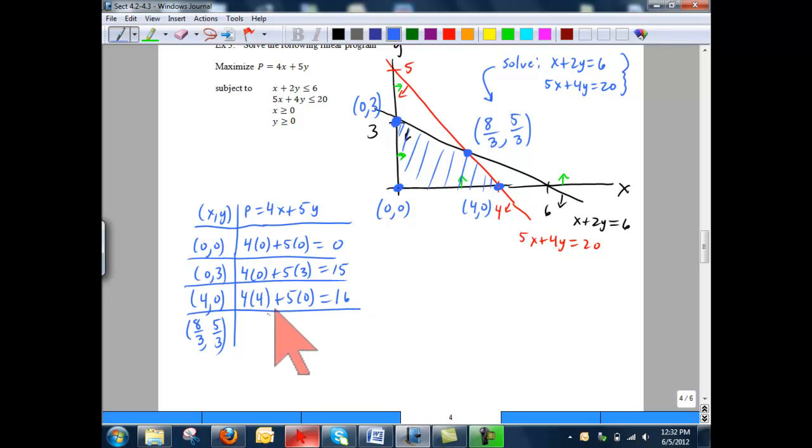That's 16. And there's 4 times 8/3 plus 5 times 5/3, which, if you do the addition of fractions, turns out to be 19 and 2/3, or 57/3. All right, I have my 4 choices for profit, P. I am looking to maximize, so here is the maximum.